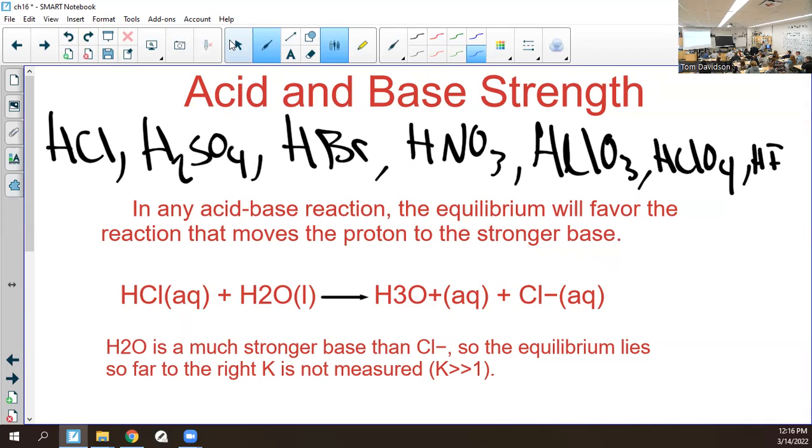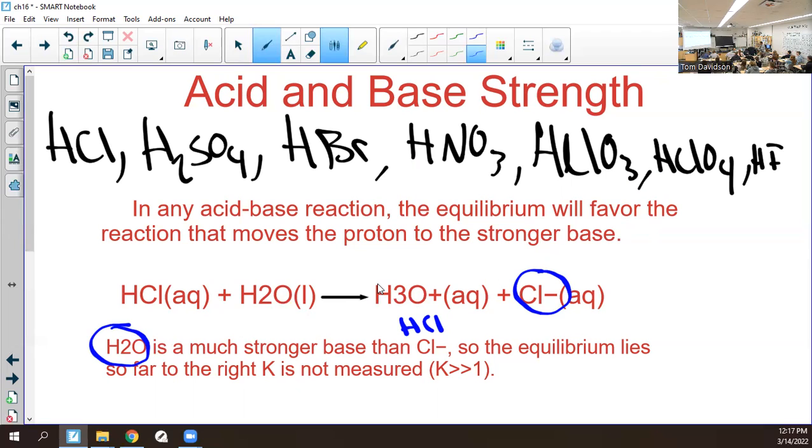So in this example, we have H2O, just the bottom line, is a much stronger base than Cl minus. Now, to put that into English, H2O is better at staying together than HCl. So when you put HCl in water, the Cl minus stays completely dissociated and the water grabs the extra H.